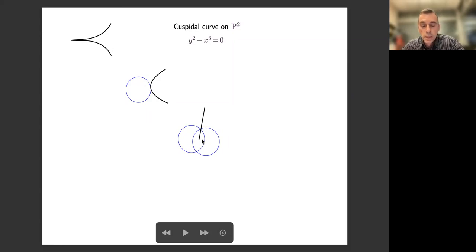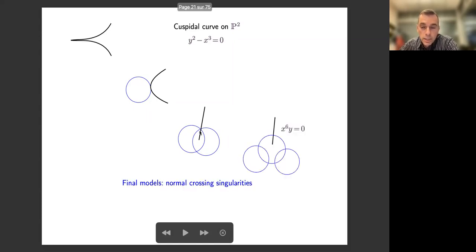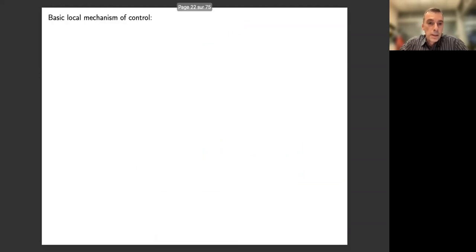In order to have a normal crossing, you don't have to have more than two local components crossing at a point. This is achieved by 3 blowups. After making 3 blowups, you achieve the situation where at each point you have a normal crossing situation. And well, this is just a simple example.